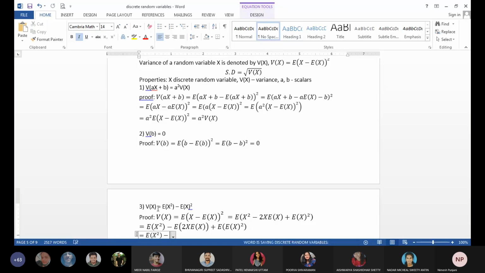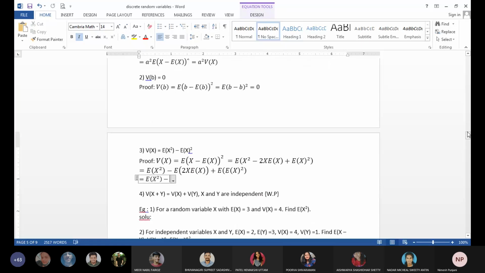Now tell me, expected value is basically nothing but your average, right? So x is a variable, but what will be your expected value of x? Will it be a constant or will it be a variable? x is a variable, so expected value of x will be a constant or it will be a variable.